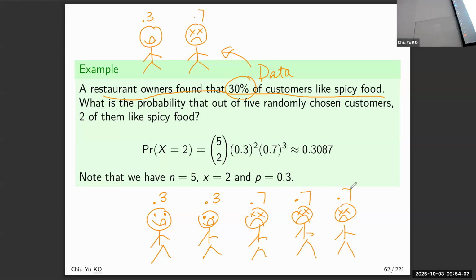But you would ask why we have 5C2. The reason is this order can be anything, right? You can have the first 3 don't like it, the last 2 like it, or these 2 can be in the middle, right? Can be anywhere. Then how many ways can you reorder them? Basically you have 5 balls, you draw 2 balls, right? That's 5C2, right?